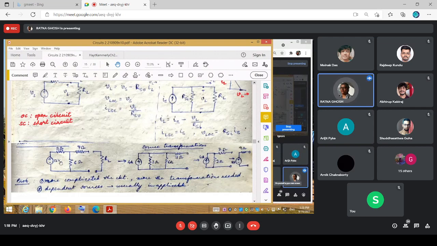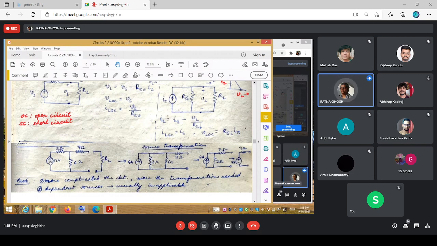A small example here itself. Supposing you've got a circuit like this, and you wanted to connect an RL to it. Simplifying this, how could you look at it? This is a series voltage source with a series resistance. You can convert it into a corresponding current source with a parallel resistance.